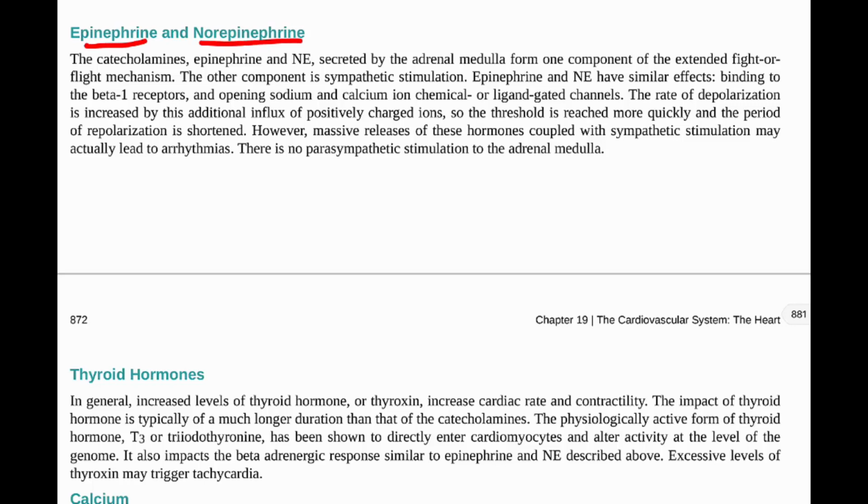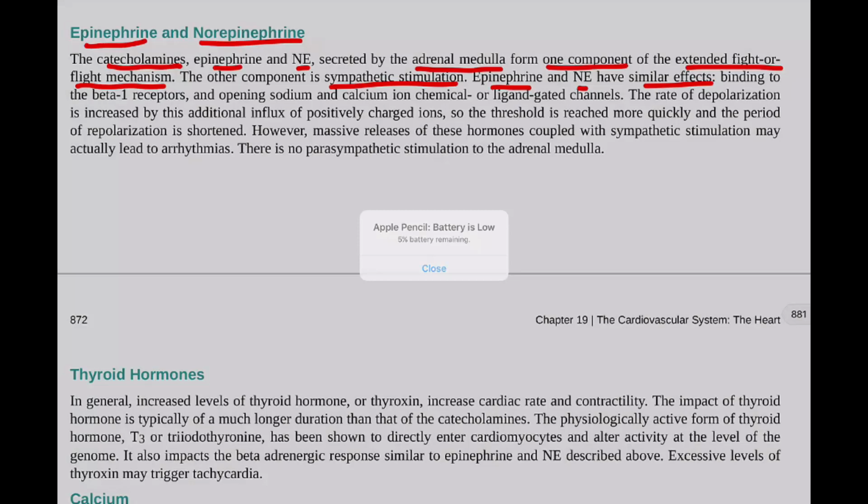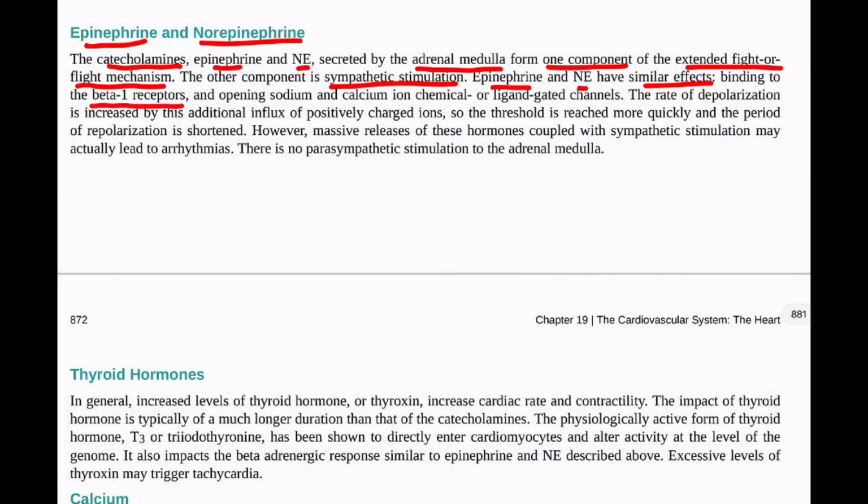These are catecholamines. Epinephrine and norepinephrine are secreted by the adrenal medulla, so the medulla right above the kidneys. They form one component of our extended fight or flight mechanism. The other component is the sympathetic stimulation that we've already spoken a lot about. Epinephrine and norepinephrine have similar effects. They work similarly. They bind to beta-1 receptors, and then they open sodium and calcium ion chemical or ligand-gated channels.